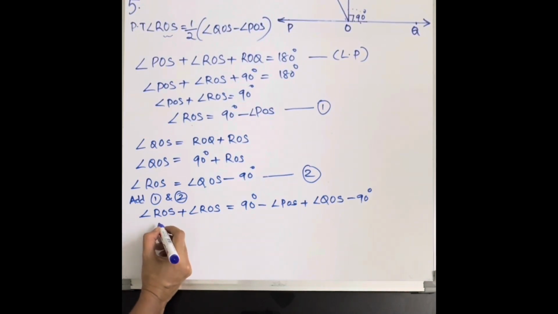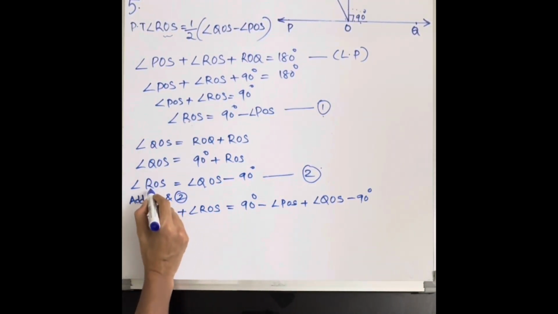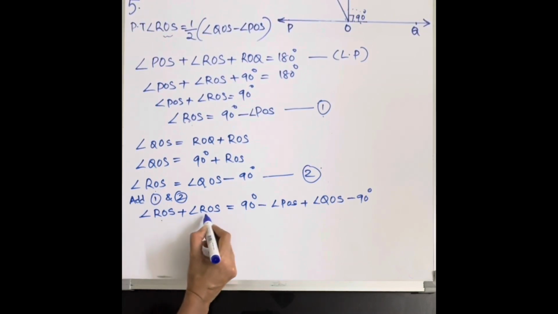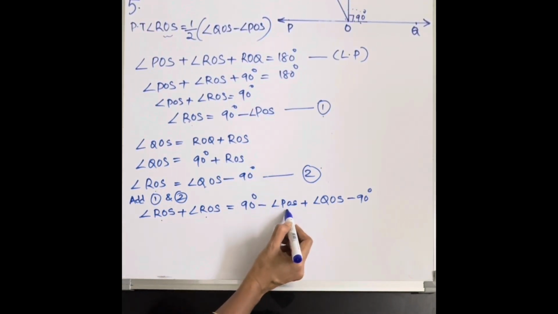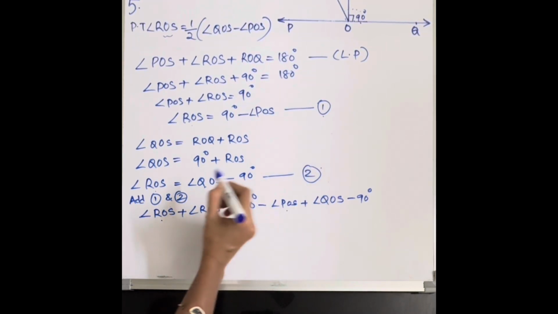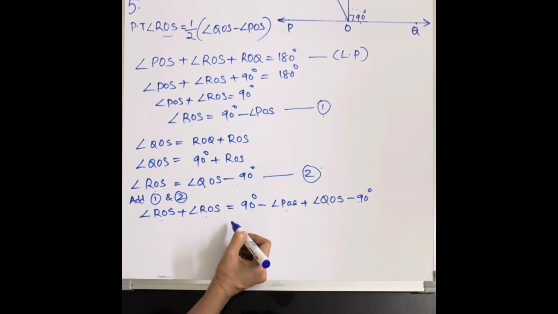Did you understand how I got this? We add 1 and 2. So LHS is ROS plus ROS, and the right hand side is 90 minus angle POS plus angle QOS minus 90 degree.